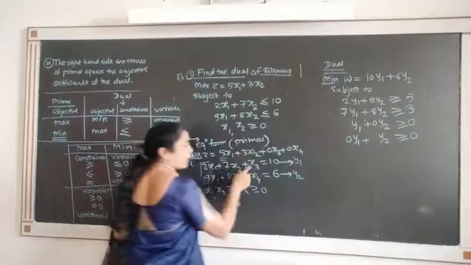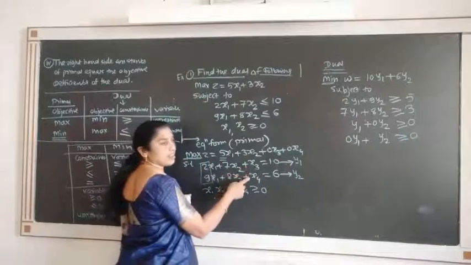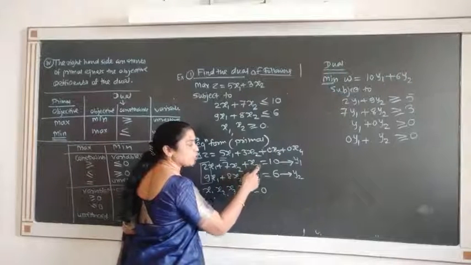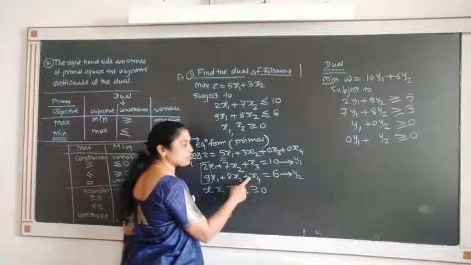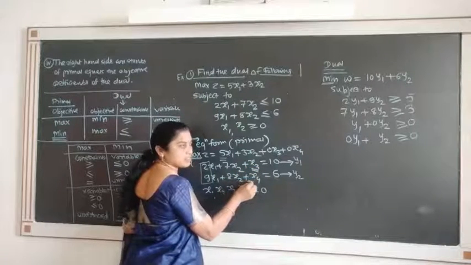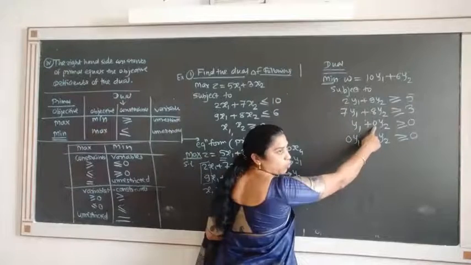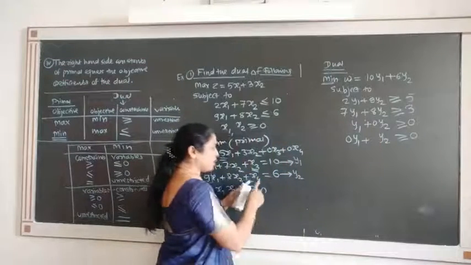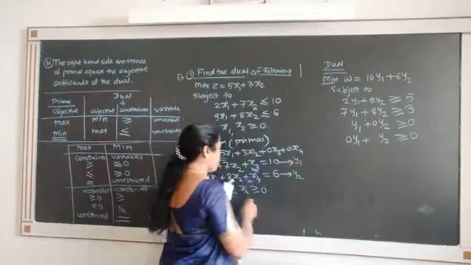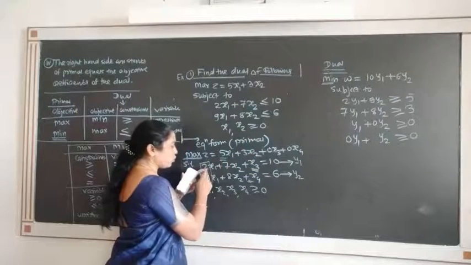Observe what I have done: because x3 and x4 are not present in the objective, their coefficients are 0. When you consider the third column, you should consider x3, so the coefficient is 0. Similarly for x4, the coefficient is 0. So each column is considered.